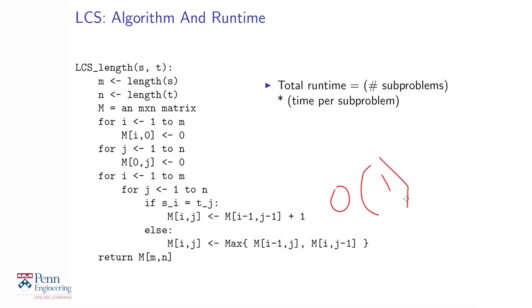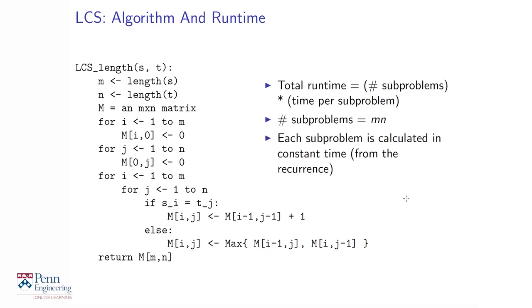Order 1 is just a fancy, asymptotic way of saying it's constant. So if each subproblem takes constant time and there are about mn subproblems, the overall running time is going to be order mn. So this is a very efficient algorithm that runs in time proportional to the product of the lengths of the two strings for which we want to find the longest common subsequence.